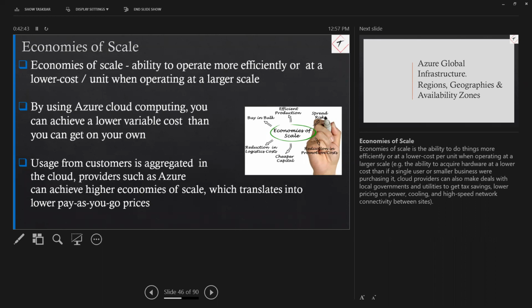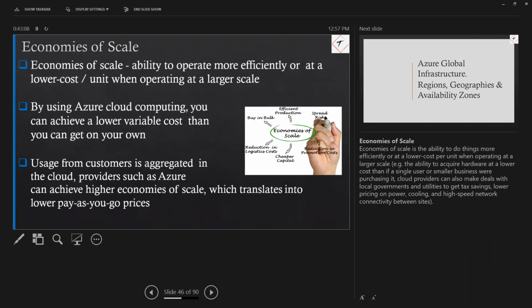For example, if you are a small company, you need to pay more because you are using fewer resources. But when you move to cloud, you are dividing that cost with a larger operation. So by scaling up the resources, you are getting more benefits.